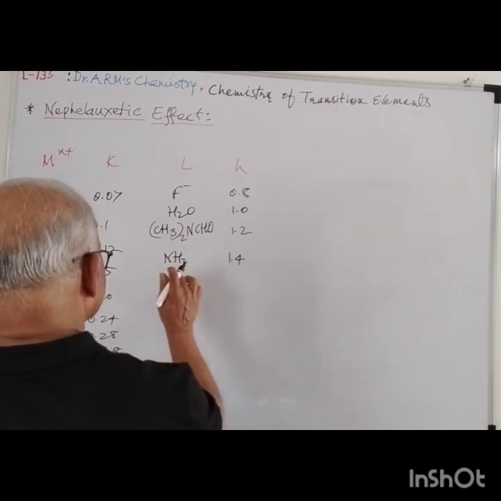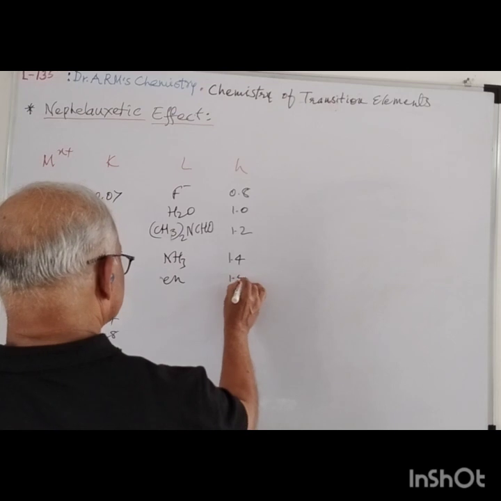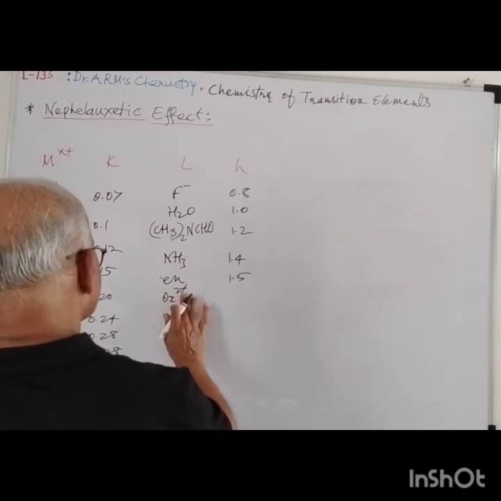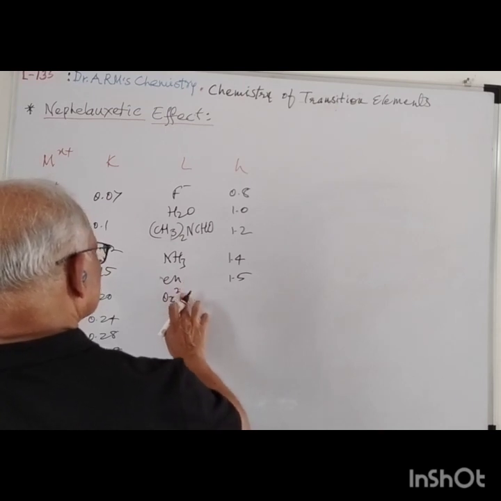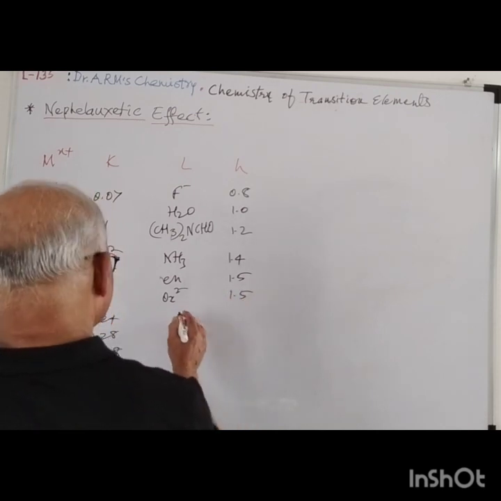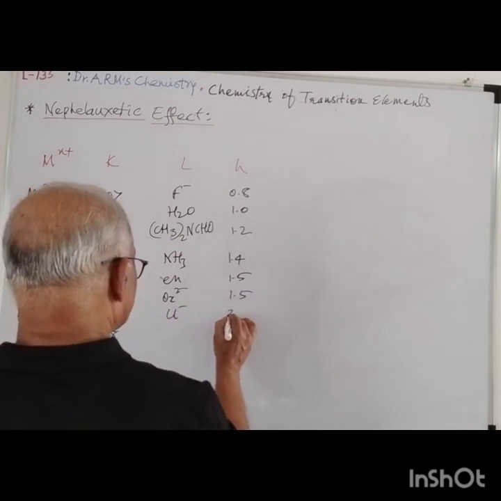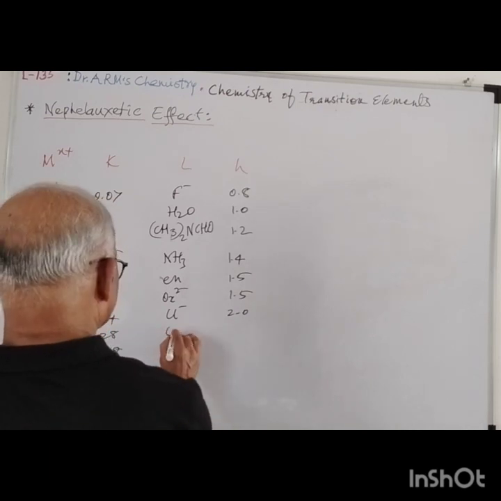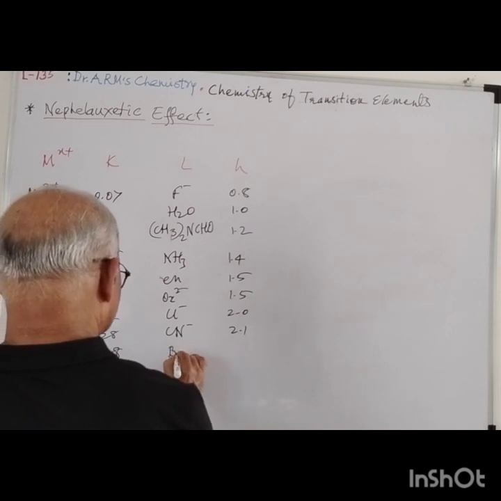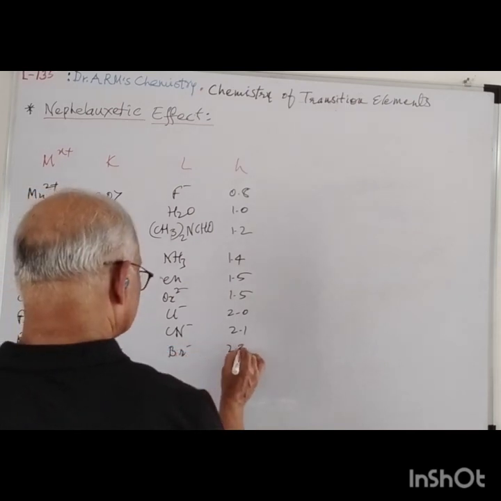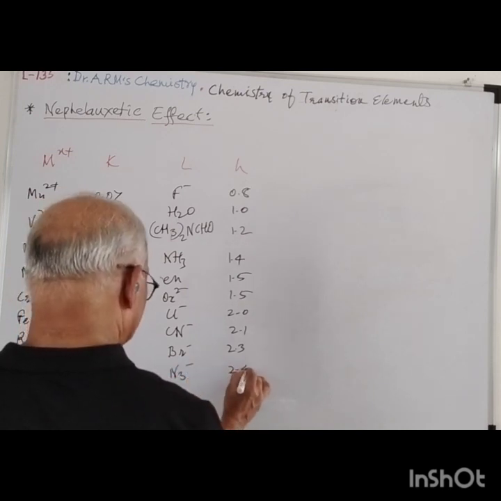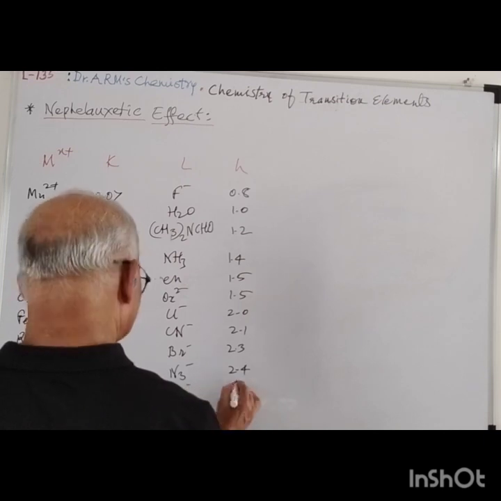Ethylenediamine 1.5. Oxalato 2 minus 1.5. Cl minus 2.0. Cl minus 2.1. Br minus 2.3. N3 as N3 minus 2.4. I minus 2.7.